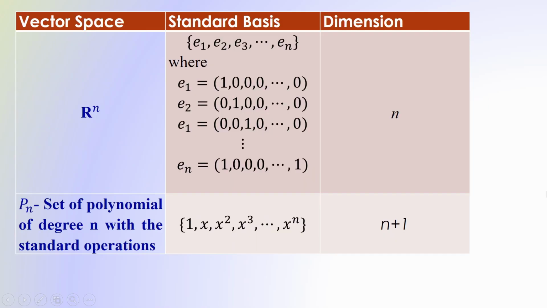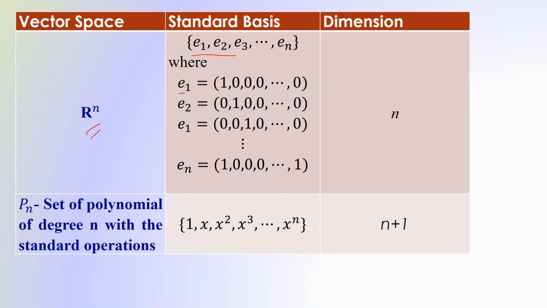Now look at this example. You may remember we introduced the standard basis. In Rn, we consider the standard basis e1, e2, e3, up to en, where the ith position of ei contains 1 and all other components are 0.